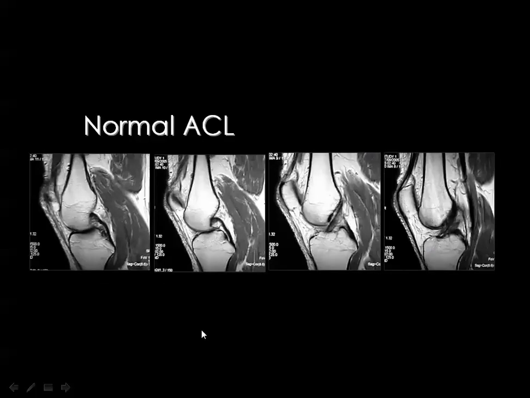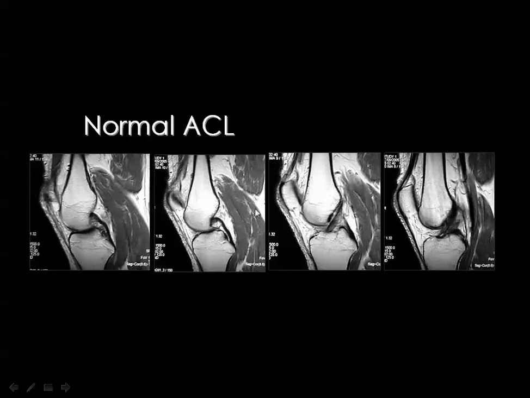Then if you want to see the anterior cruciate ligament, you first identify the posterior cruciate ligament, which is a constant cord-like low signal structure attached to the posterior aspect of the femur going to the posterior aspect of the tibia. Then either you go an image before or an image after looking for the anterior cruciate ligament. You will find the anterior cruciate ligament in one of these two images, either here or there.